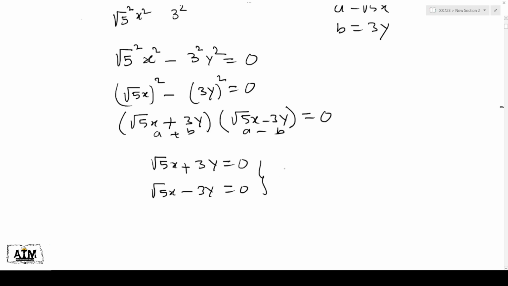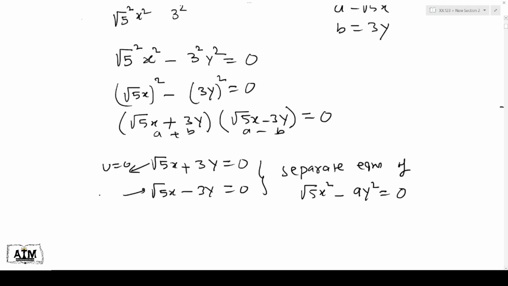So these are the required separate equations of lines of root 5x square minus 9y square equals 0. This can be called u equals 0, and this can be called v equals 0. So we got two equations here.